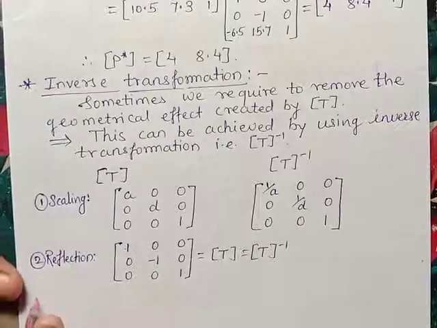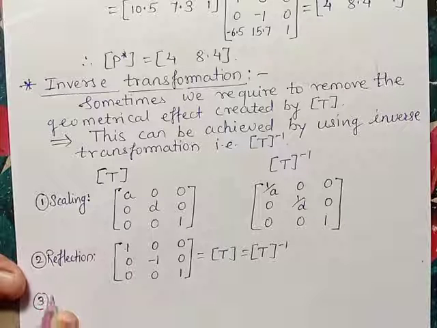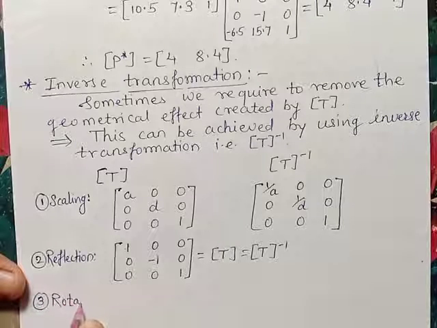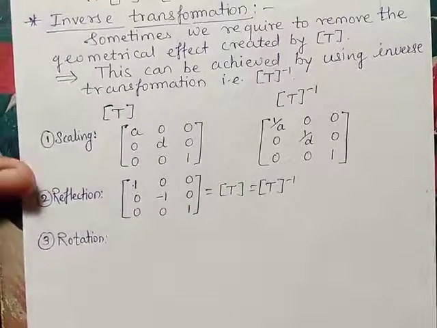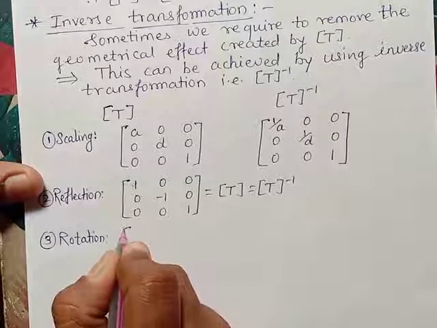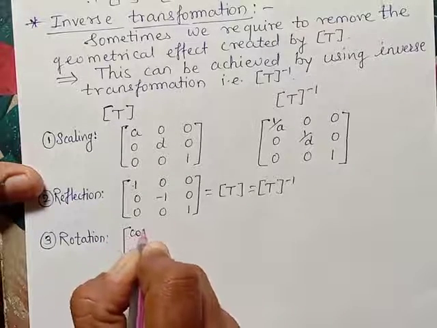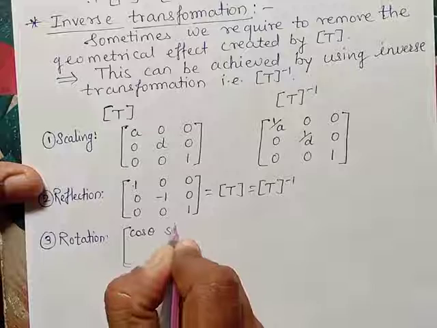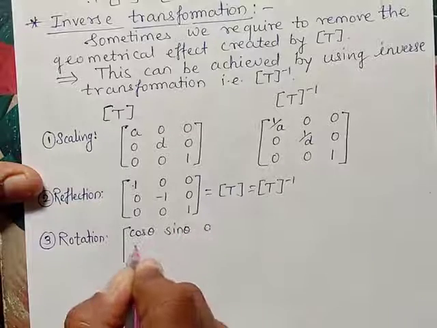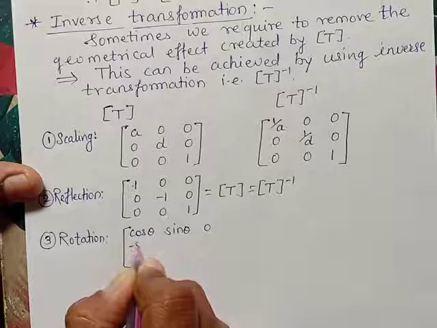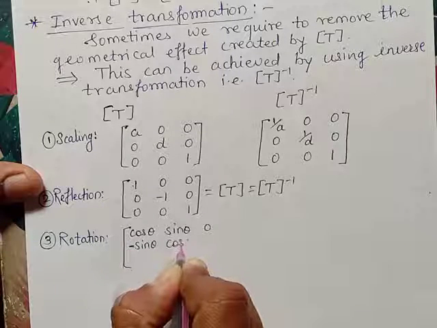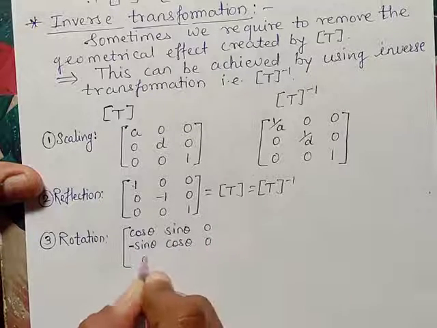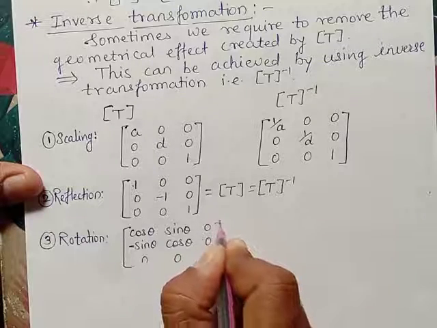Okay. Now the next one, rotation. For rotation, you know T inverse is nothing but T transpose. That's why it is an orthogonal matrix. So T is here cos theta, sin theta, 0, minus sin theta, cos theta, 0, 0, 0, 1.